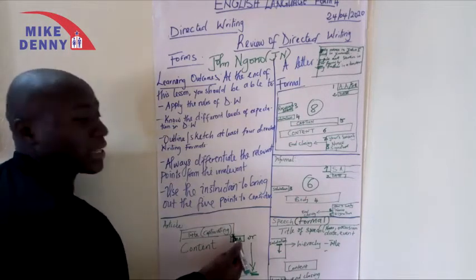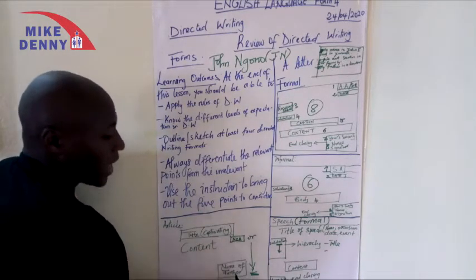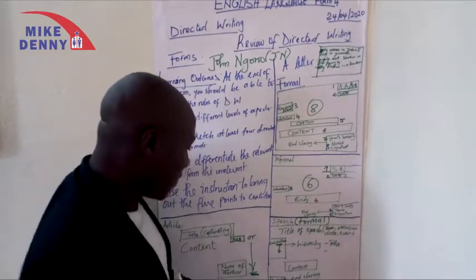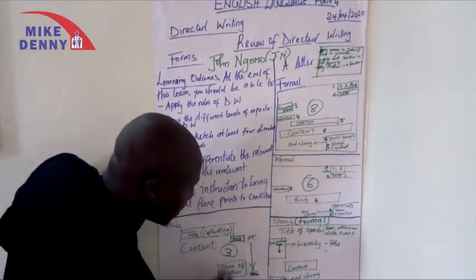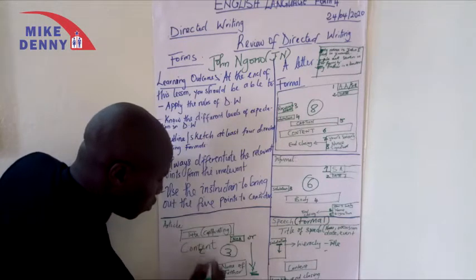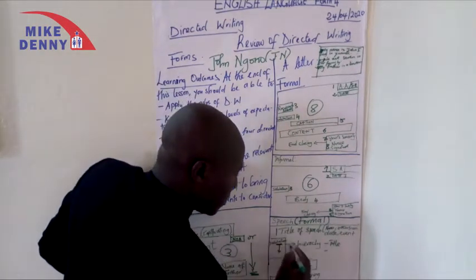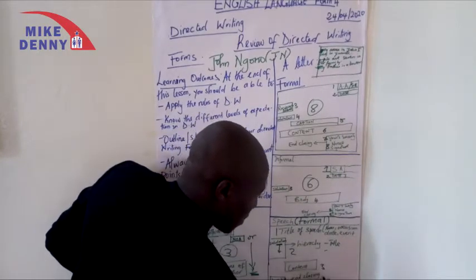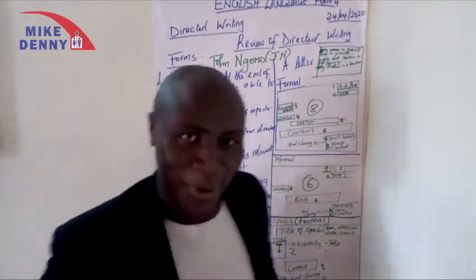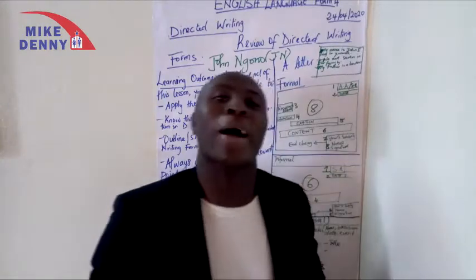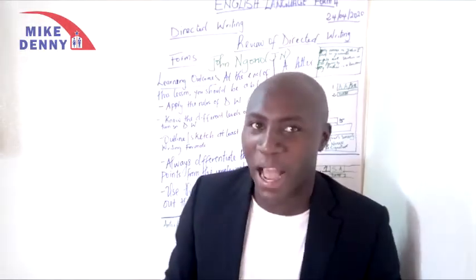Either you put it after the title or you put it after the content. So there are just three things. Three. This one has three. 1, 2, 3. This one has 4. 1, 2, 3, 4. So my dear students, I'm so happy that you have seen what I was saying.